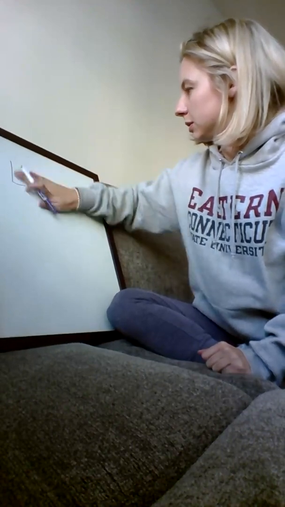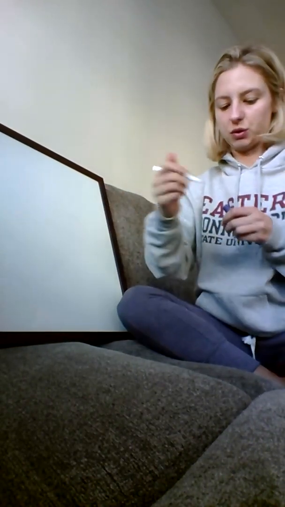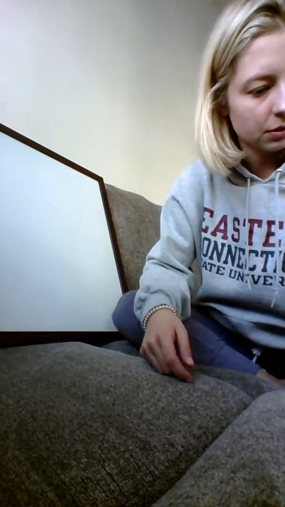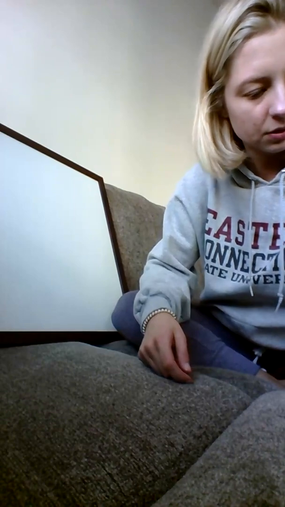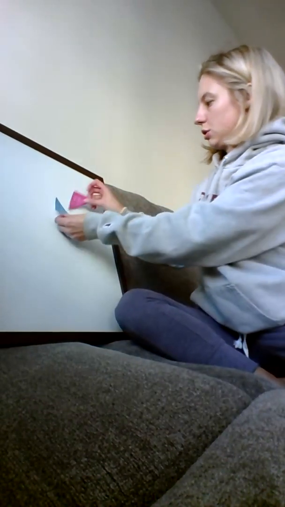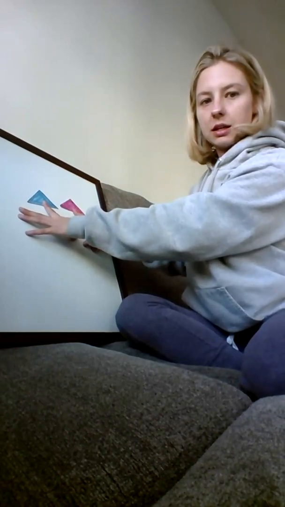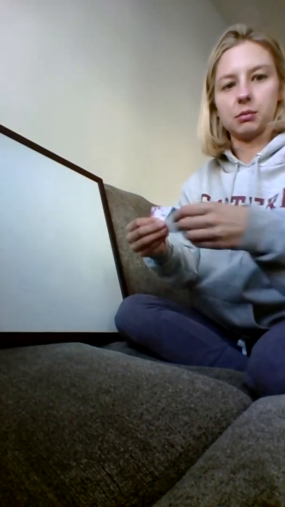You know what? Let me do this first before I draw. I am going to take these 2 triangles. Does everyone see? Let me see if I can move it a little bit closer.